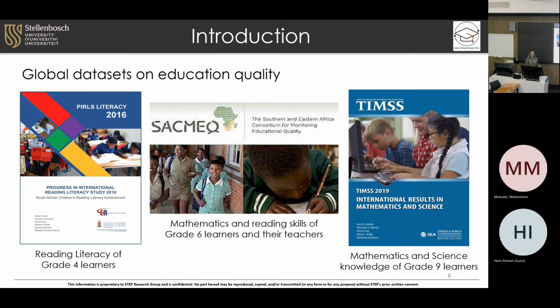Nou, die eerste studie waarna ek gaan verwys is die Suid- en Oos-Afrika Konsortium vir die monitering van onderwyskwaliteit, of die akronieme SACMEQ, en hulle monitor die wiskunde en leesvaardighede van graad 6 leerders en hulle onderwysers, ekskuus.